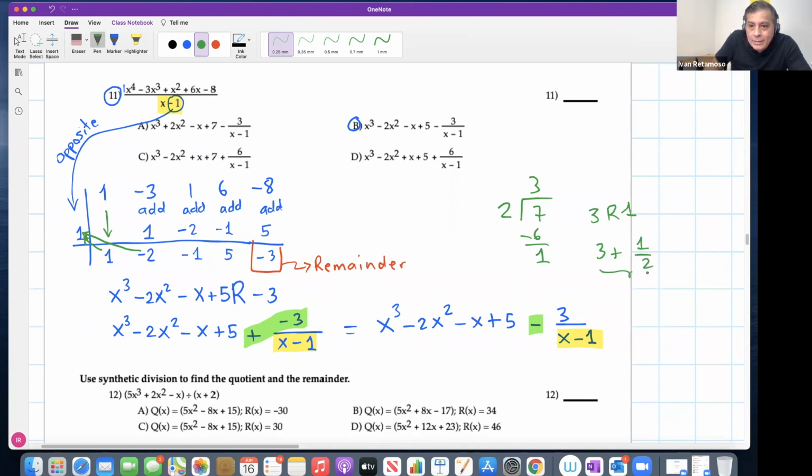Mathematicians simplify this as a mixed number, 3.5. It comes from there. This looks like a mixed number, but in polynomial version. You follow now?